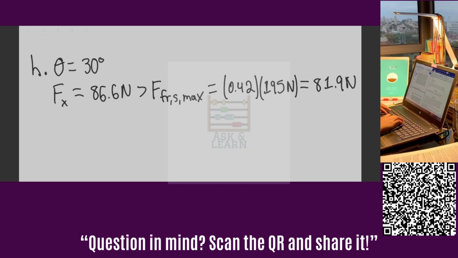This would equal 66.4 newtons. 66.4 newtons is, of course, larger than 50 newtons. So here, the crate remains at rest. So part H with an angle of 30 degrees is the only case where the crate will slide. That is the end of the solution. Thank you for watching.